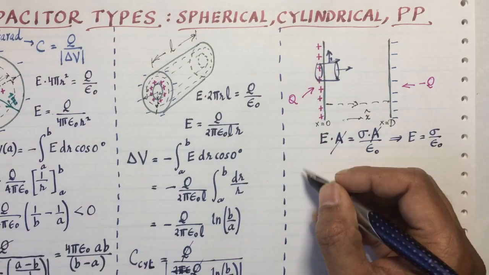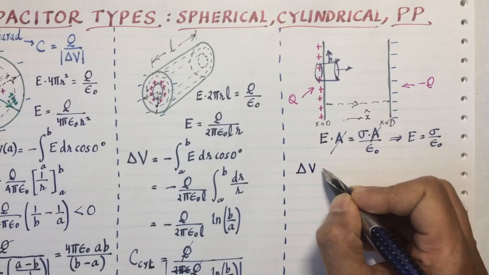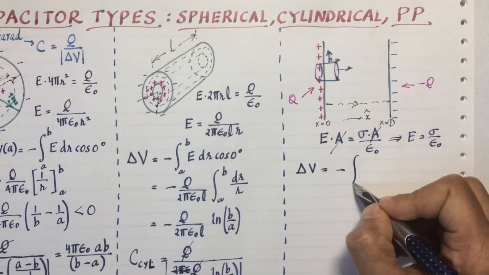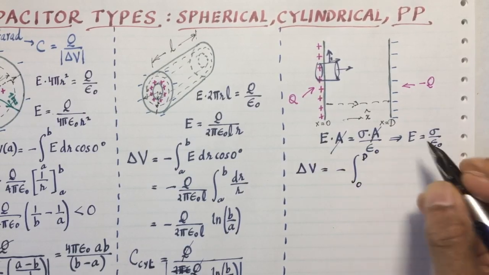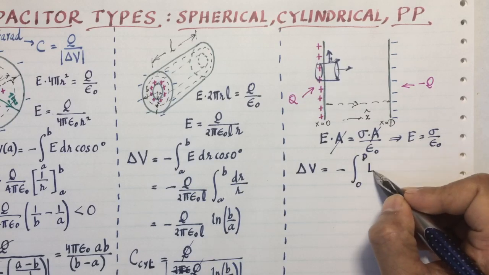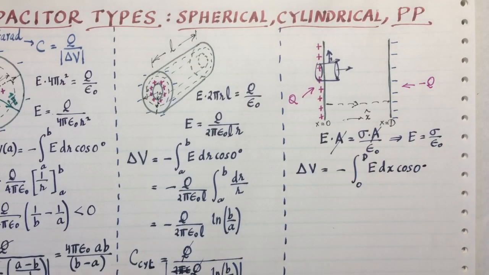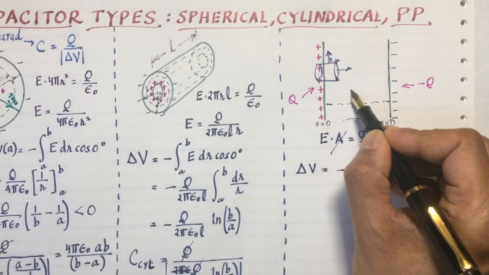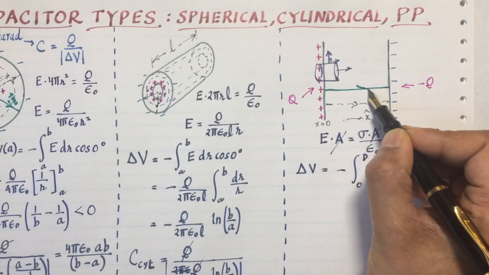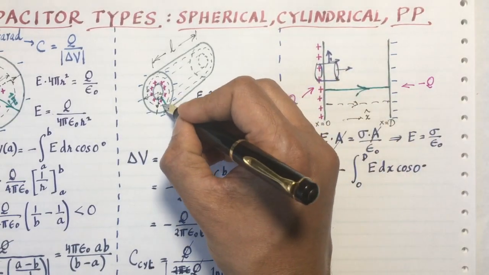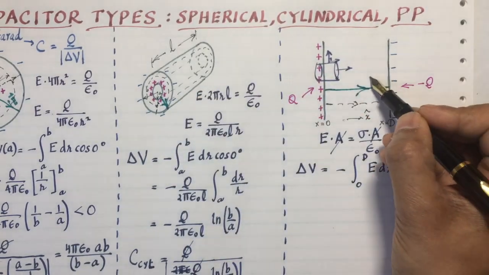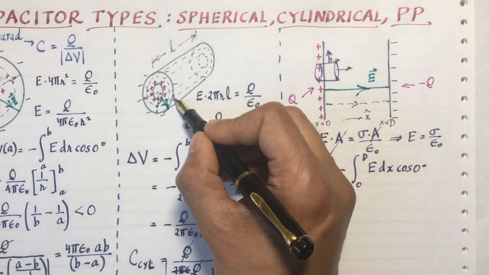So the change in voltage, delta V, equals minus the integral from 0 to D of E times dx times cosine of 0 degrees, because the electric field is going to be pointing from left to right in that direction.